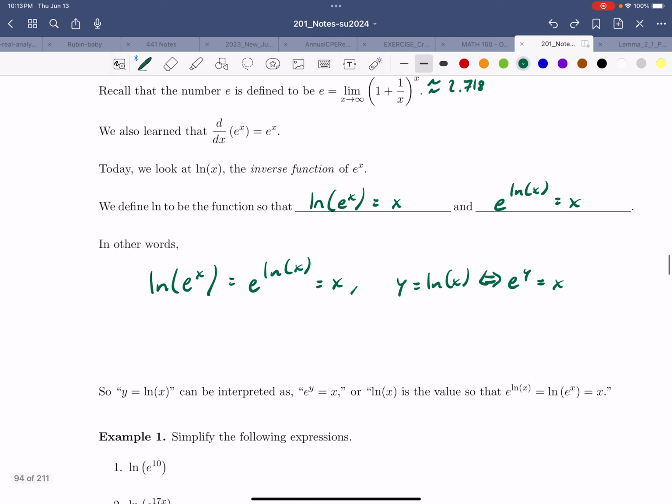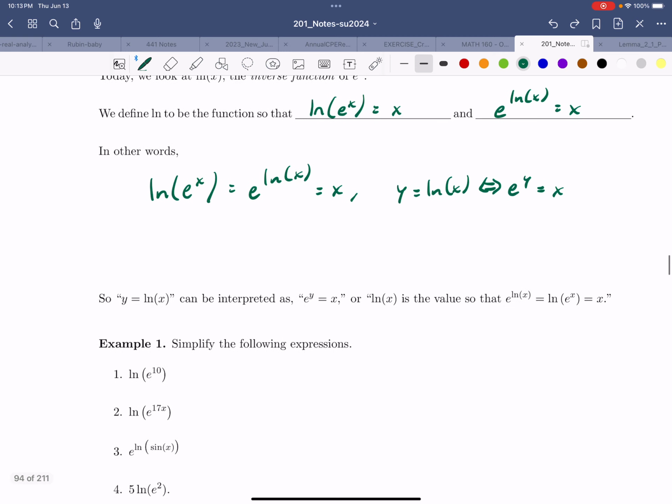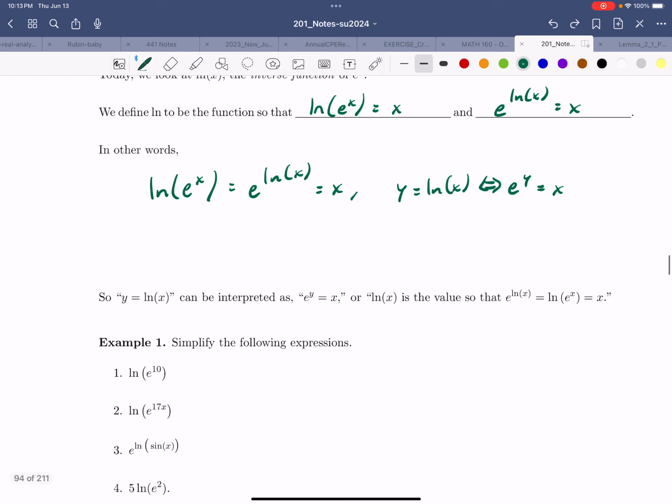So that's what we've got. One way to think about it is ln of x is the value such that e raised to that power gives you x.